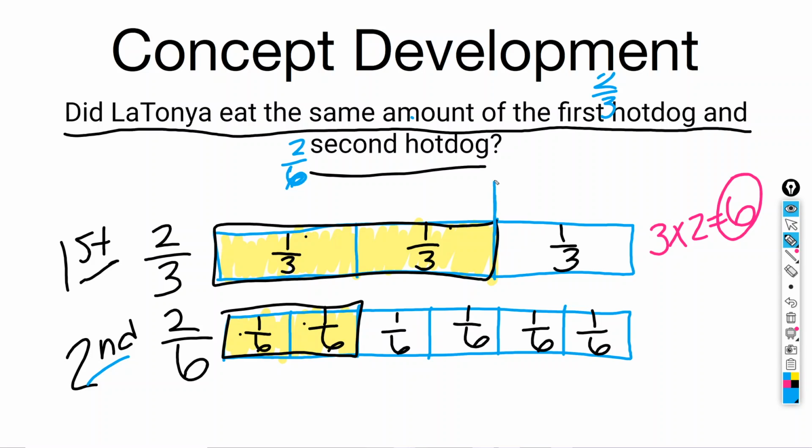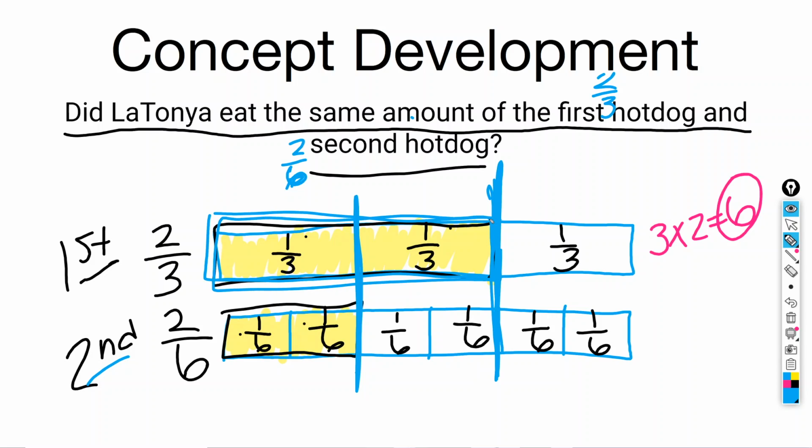Well, the 2/3 comes to here. The 2/6 only comes to here. So we can tell by our shading and by using these lines here that the thirds take up more space or represent a bigger part of the hot dog.